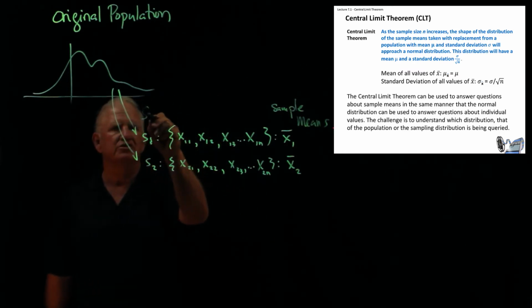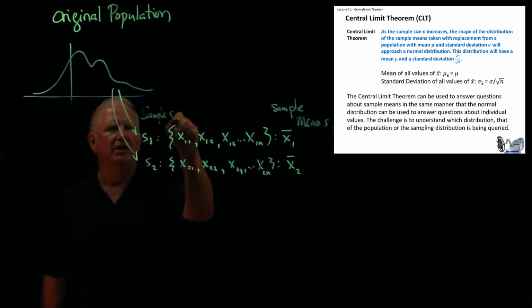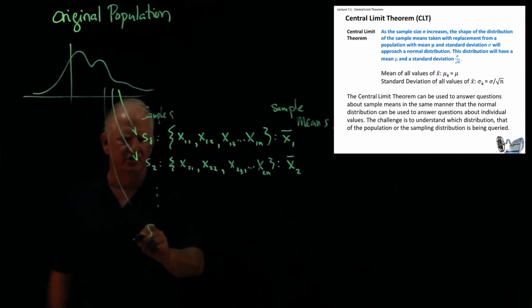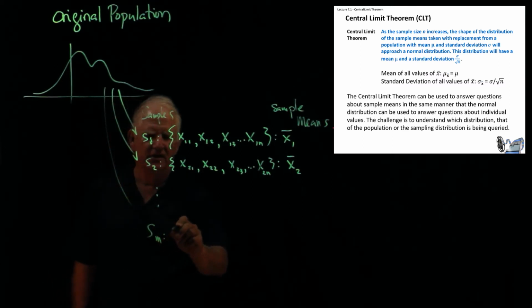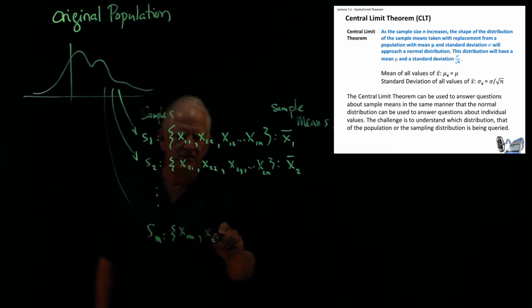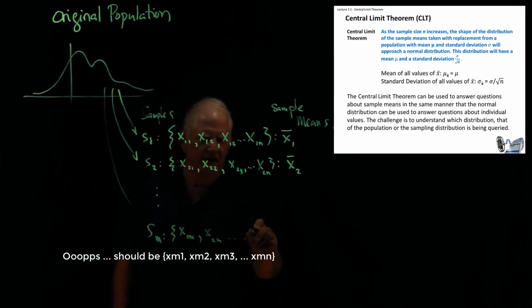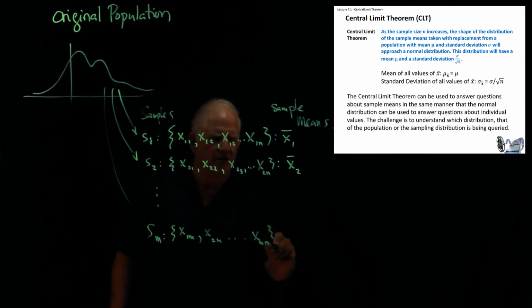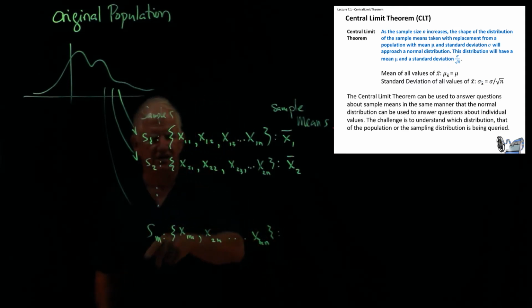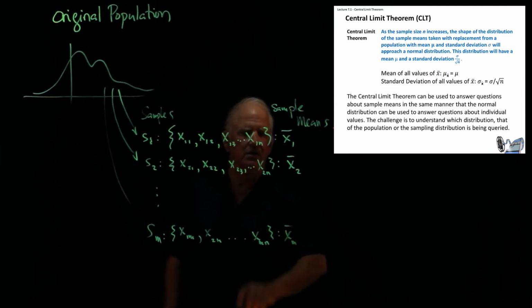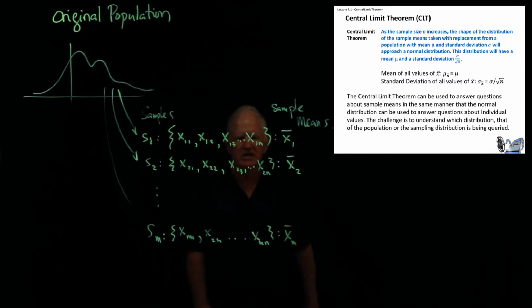Now let me just keep doing it. Down here someplace is S sub m. It's x1,m, x2,m, dot, dot, dot, x sub n,m. There are n different elements in that sample, and it also has a sample mean.